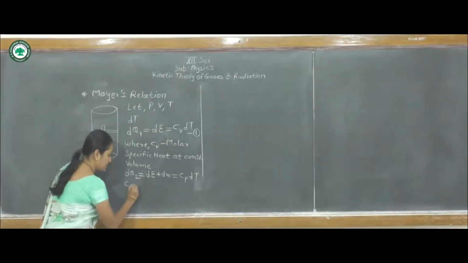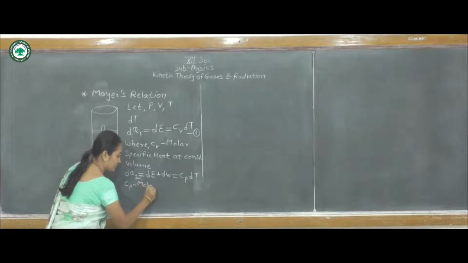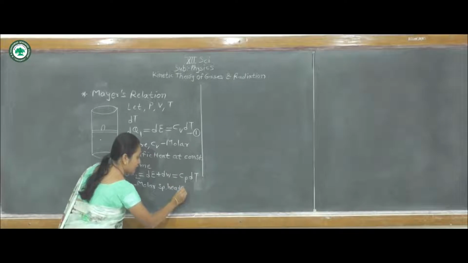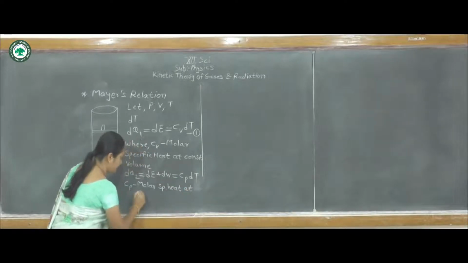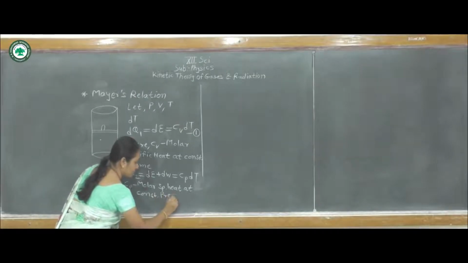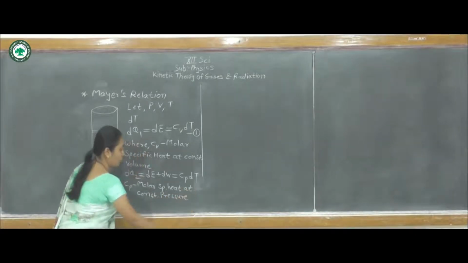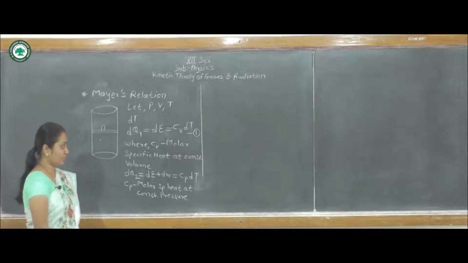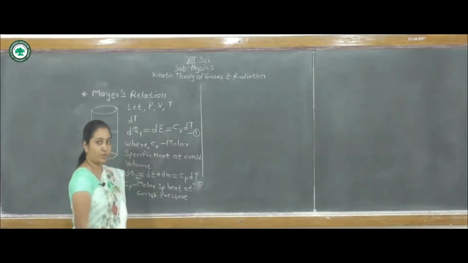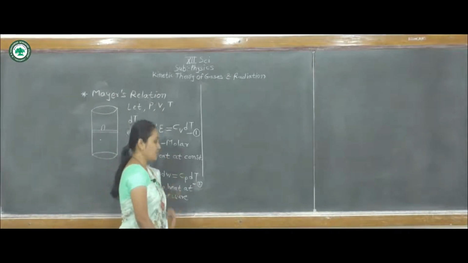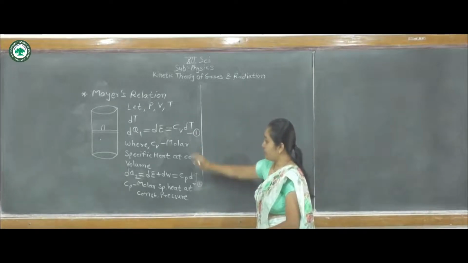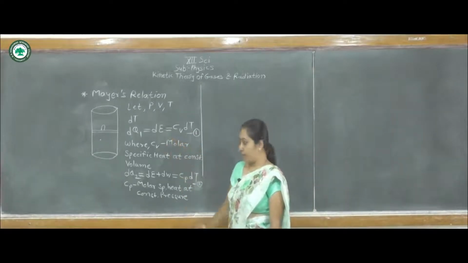So Cp is the molar specific heat at constant pressure. We can say this is equation 2. Now from these two equations, Cv dT is equal to dE.